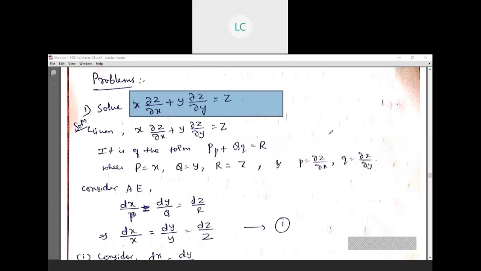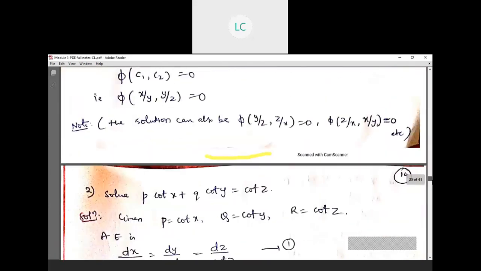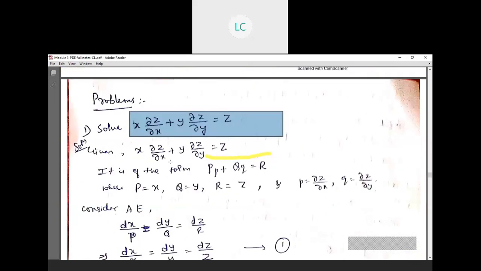And already we know the standard form of Lagrange's PDE is this: capital P into small p plus capital Q into small q is equal to R, where small p is dou z by dou x and small q is dou z by dou y. P, Q, R represent functions of x, y, z.